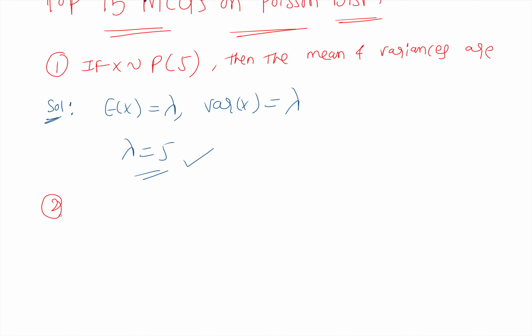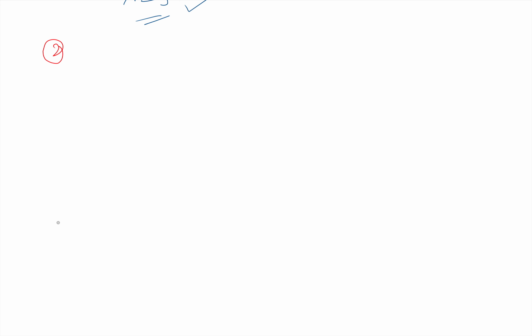Second question. A random variable follows Poisson distribution with mean 3. Find probability of X equal to 0.